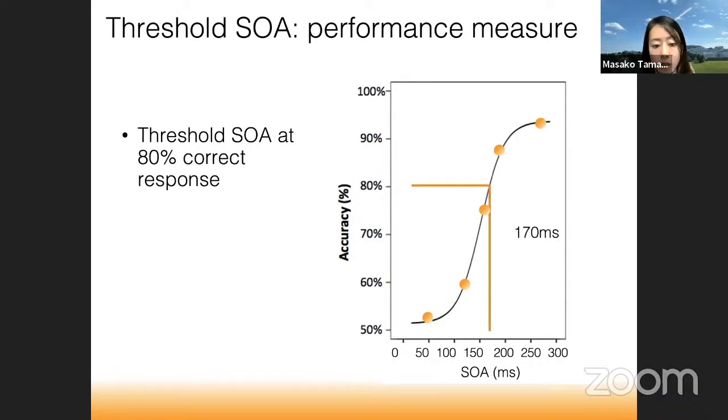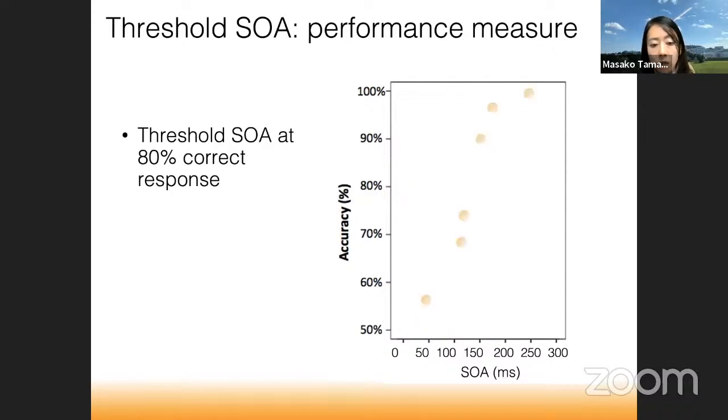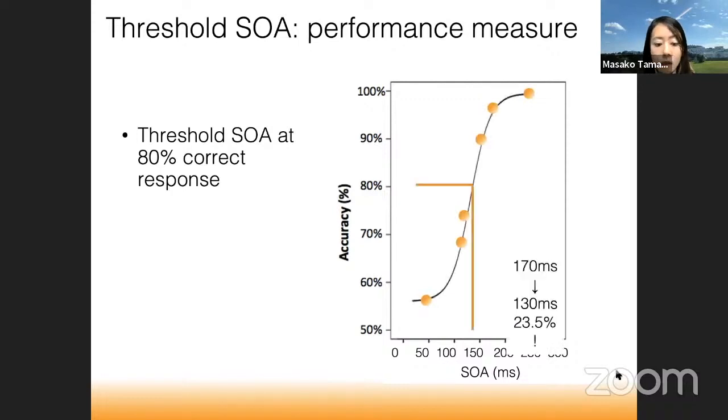For example, in this case, it is, let's say, 170 milliseconds. Then the threshold SOA gets shorter, usually by training. For example, we might plot the data like this, and the threshold SOA may become 130 milliseconds.